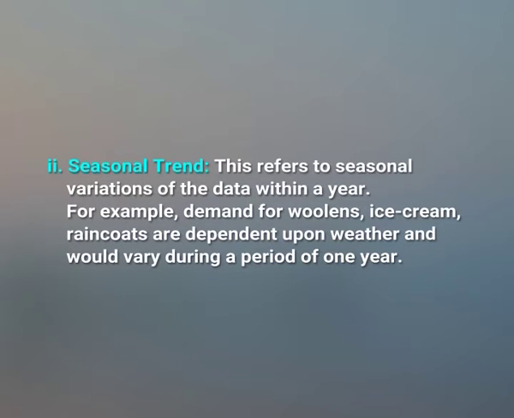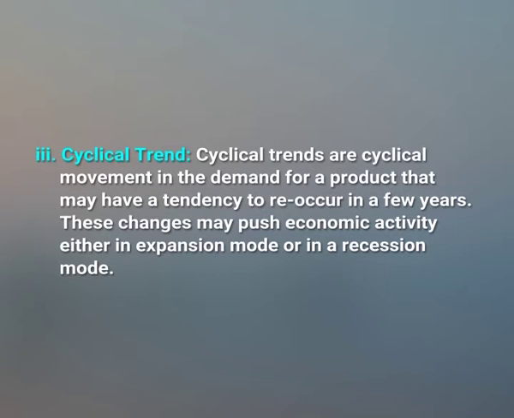Second one is seasonal trend. Now, this refers to seasonal variations of the data within a year. For example, demand for woolens, ice cream, raincoats are dependent upon weather and would vary during a period of 1 year. The third one is cyclical trend. Cyclical trends are cyclical movements in the demand for a product that may have a tendency to reoccur in few years.